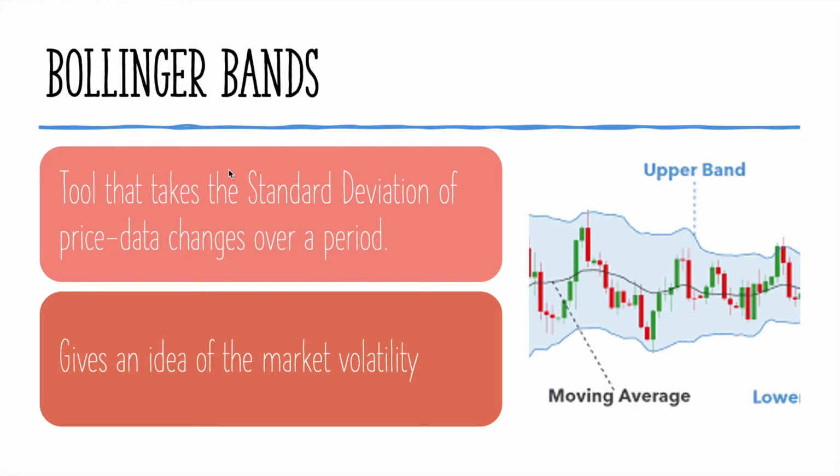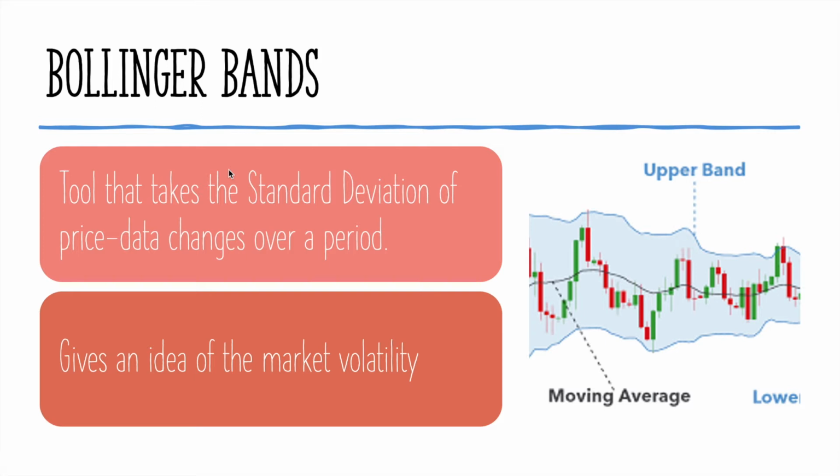The Bollinger Band is an indicator that gives an idea of how volatile the market is. Using the image on the right, you can see that there's an upper band and a lower band, and these bands are based off of the moving average. If the upper band and the lower band are moving away from each other, or expanding, that's a sign of expansion, and it is also an indication that the market has high volatility.